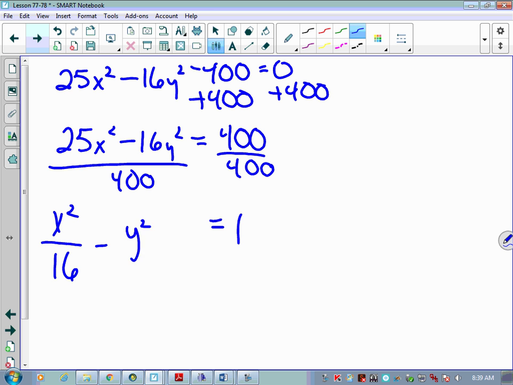Y squared over 25. Okay? Now, the difference between a hyperbola and an ellipse is that this is not positive. Okay? All right. But we can still go at this similarly.